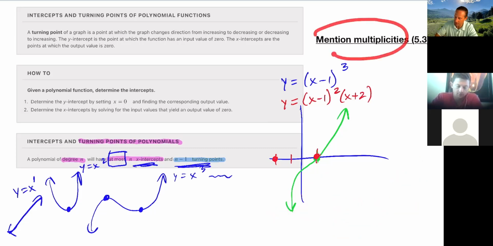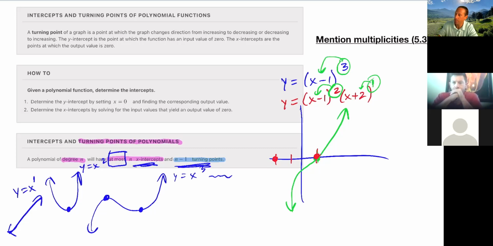You can actually use these things called multiplicities. And you can see right here that there is actually a multiplicity of 2 at 1 and of 1 at -2 and a 3 at 1 here.